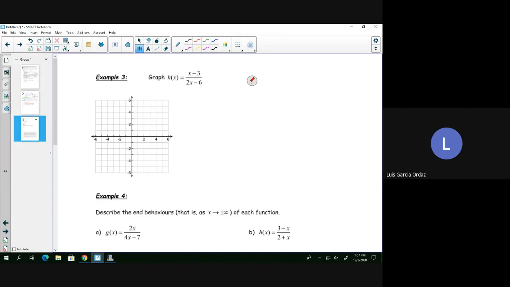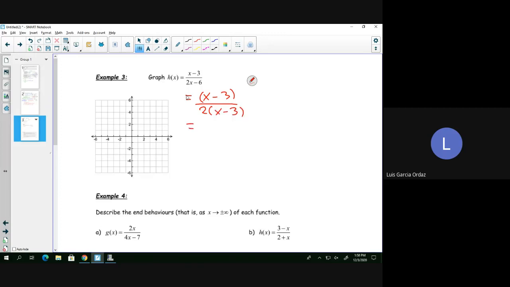So we want to graph h of x is equal to (x - 3) over (2x - 6). So what can we factor from the denominator? 2. So we get 2, bracket, we're left with x - 3.